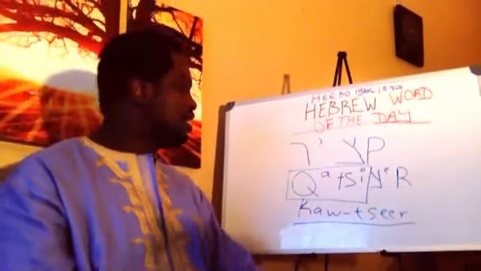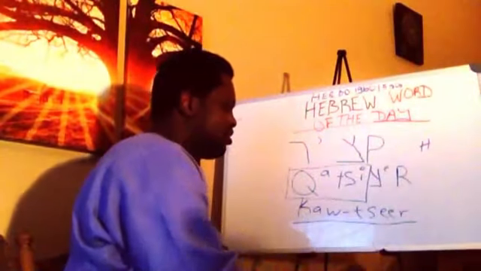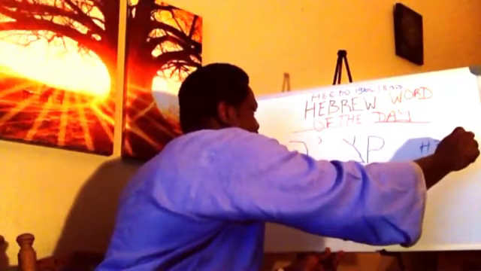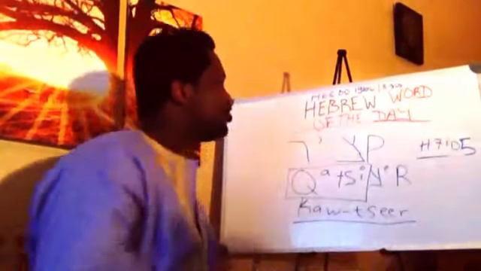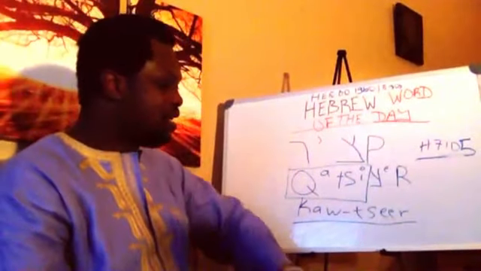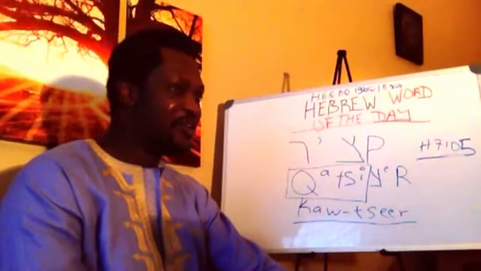Interesting. You find this word in Hebrew H7105. H7105 is where you find this word in your Strong's Concordance, and it means to sever. You know where you get that?